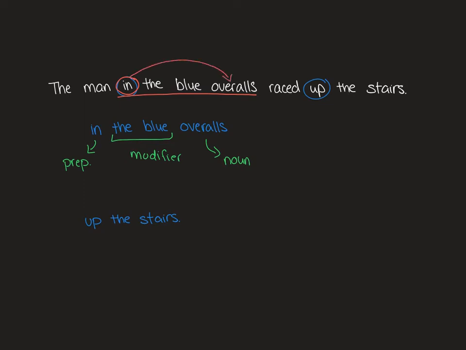So the arrow would go to overalls because that's the noun, but the whole phrase, including the modifier, is underlined. Now, if we look at up the stairs, up is our preposition, and stairs is our noun. So we would underline that whole phrase. We'll circle the preposition and draw an arrow to our object, which is the stairs.